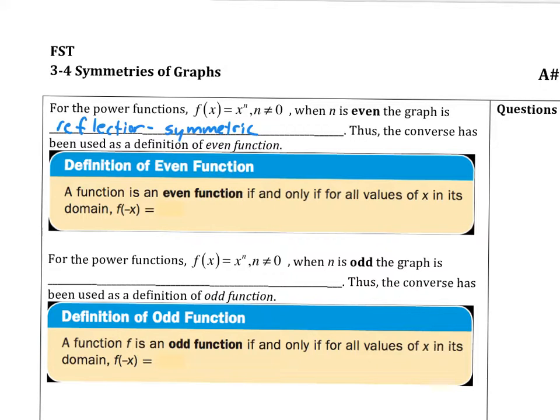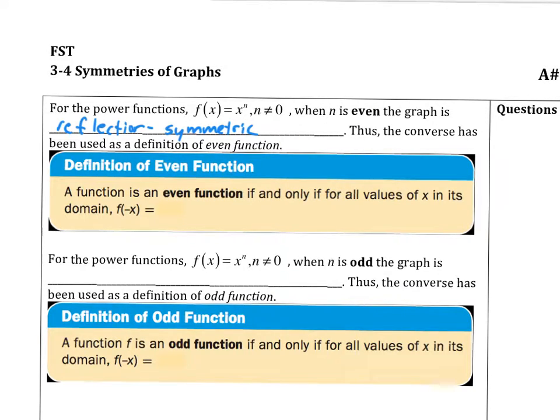So, using the converse of that idea, in other words, if a graph is reflection-symmetric, then it must be even. Now, of course, you learned in geometry back in the day that the converse is not necessarily true. Yes, that's true, but for the sake of definition here, they've taken the converse and applied it in this case.